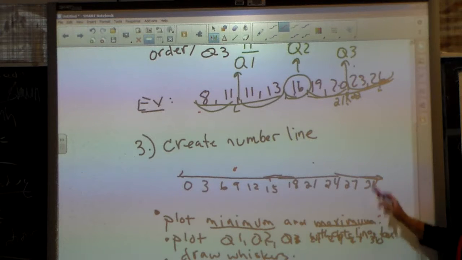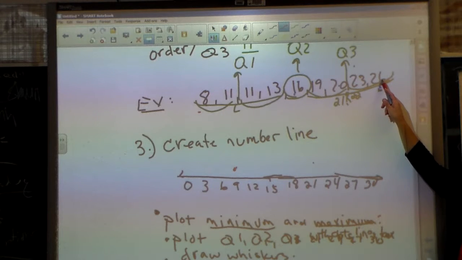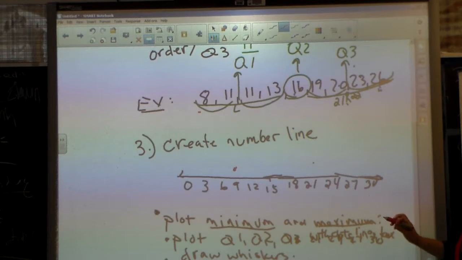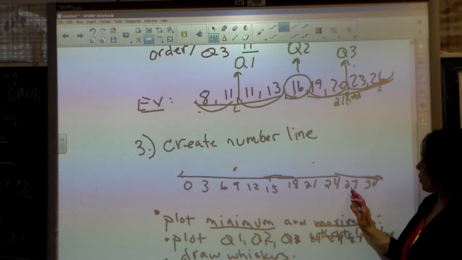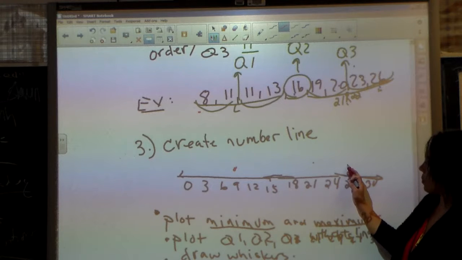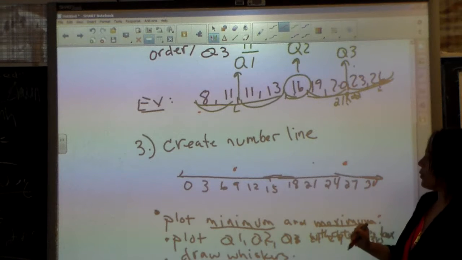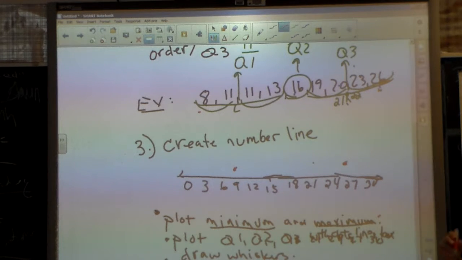Now my maximum is 26. So I'm going to go where I think around about 26 would be. I go to 27, a little bit behind, and put a floating dot over where I think 26 would be. So now I have plotted my minimum and my maximum.